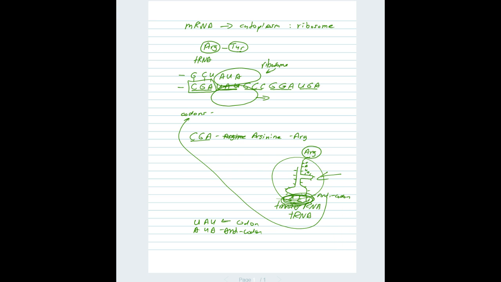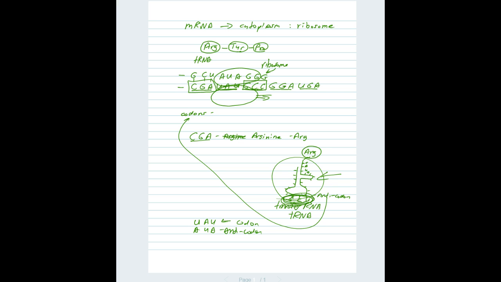So now let's let the ribosome move on down, and it reads the next codon, CCC. The anticodon for that is GGG, but we look up CCC on the decoder chart, and CCC happens to be an amino acid called proline. So the transfer RNA that has the anticodon GGG, because that's complementary to CCC, brings in proline, and it is connected to this growing chain of amino acids.